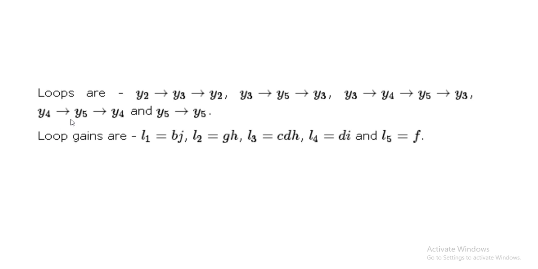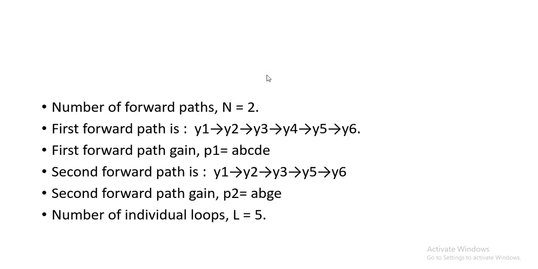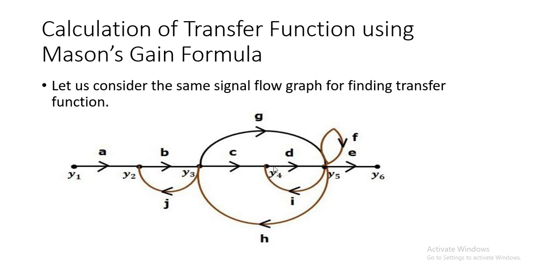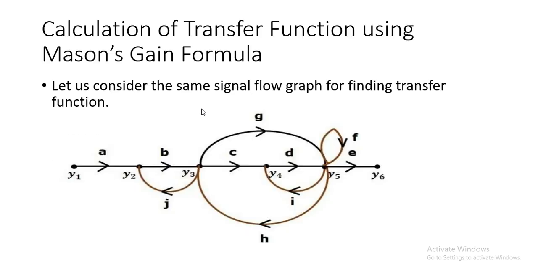Similarly, y4, y5, y4, and the last is y5 to y5. The loop starting from the same node and ending at the same node can also be called a loop. So that's why y5 to y5, which has a gain of f. So these 5 loops are there.